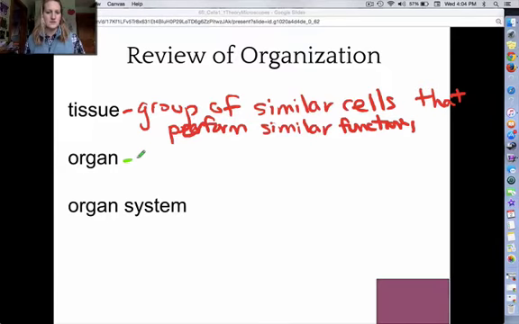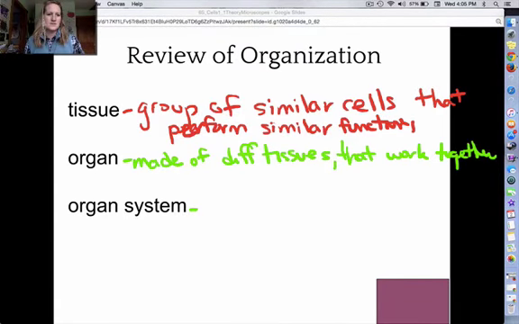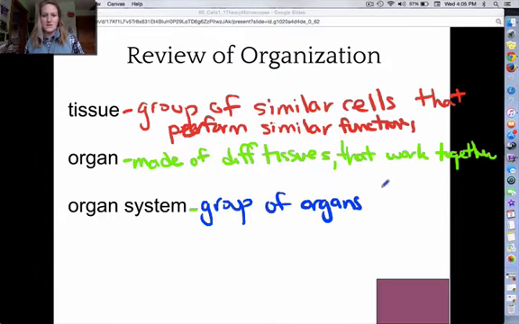Ooh, get crazy with the green, is made up of different tissues that work together. And an organ system, to change colors once again, is a group of organs that work together.